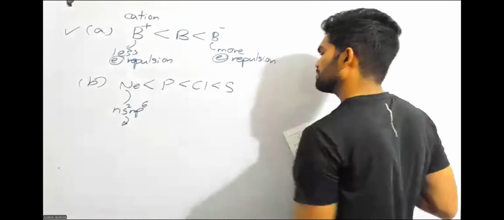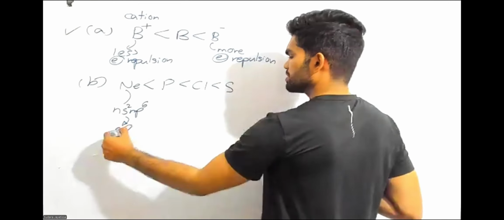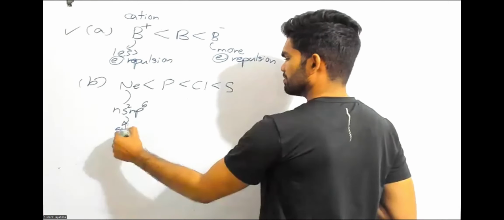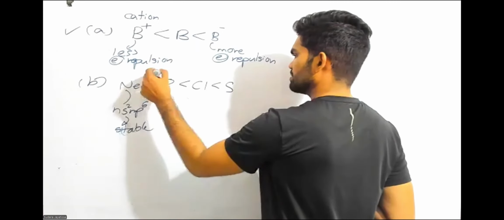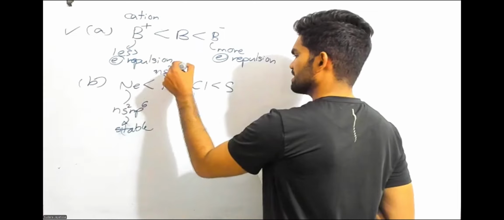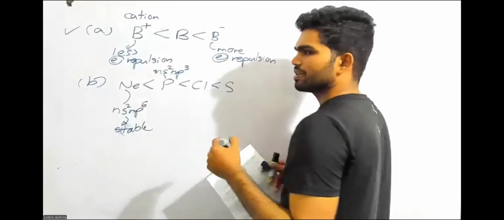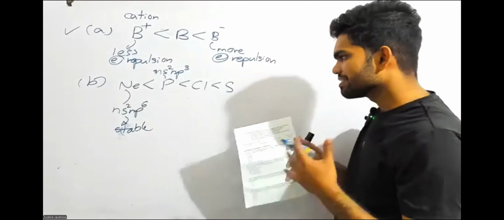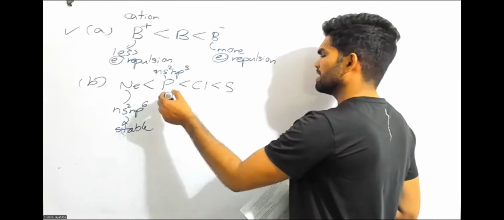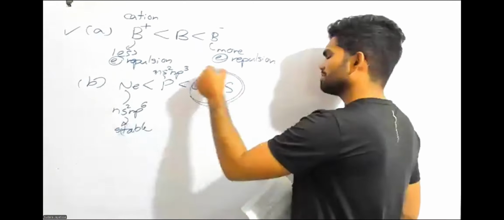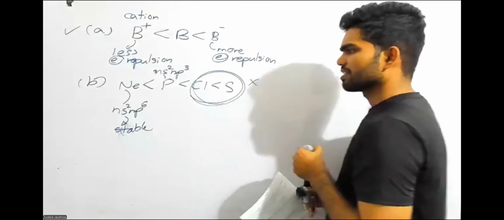So very low affinity, stable. And phosphorus also has a stable configuration, no? You know, ns2 np3. It is kind of like that, but not like the other elements, right? So anyway, it also has a lower affinity, but this question becomes wrong because of this.